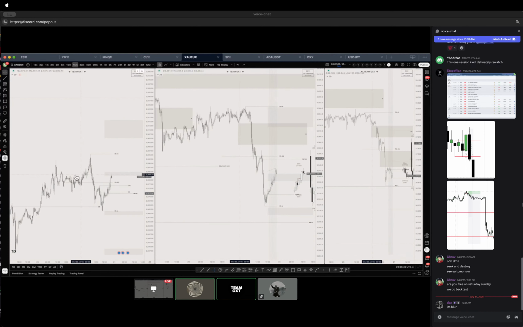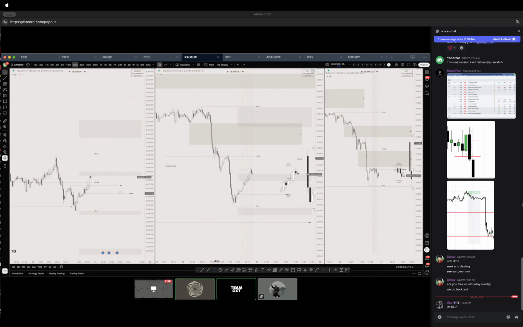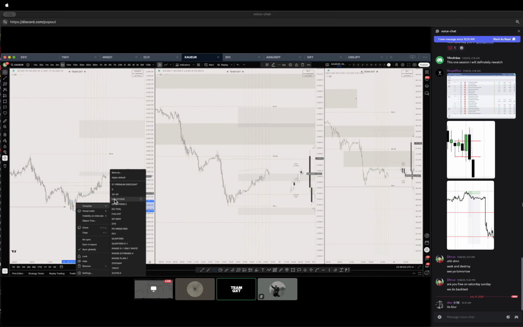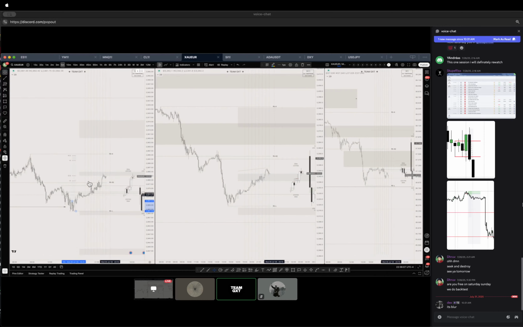But yeah, basically, if we're going to continue in this buy model, let's even pull a standard deviation on it. Okay. Not really respecting this here. Did we get a little pullback?